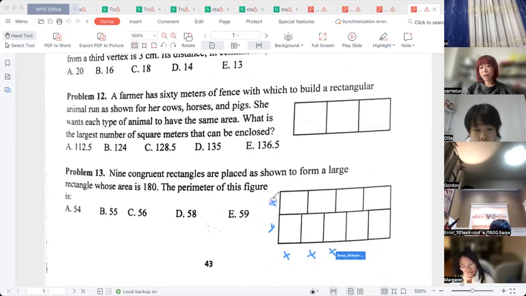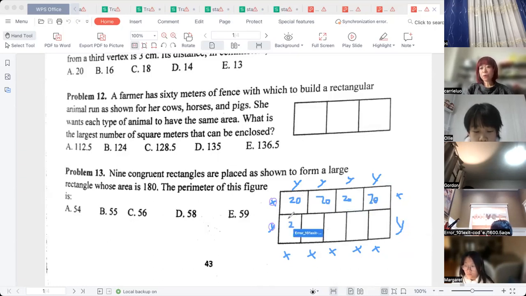We make the width of the rectangle x and we make the length of the rectangle y. So altogether, 180 with 9 same rectangles, so each of the rectangles should be 20, correct, Margaret? So you can see x times y equals 20.